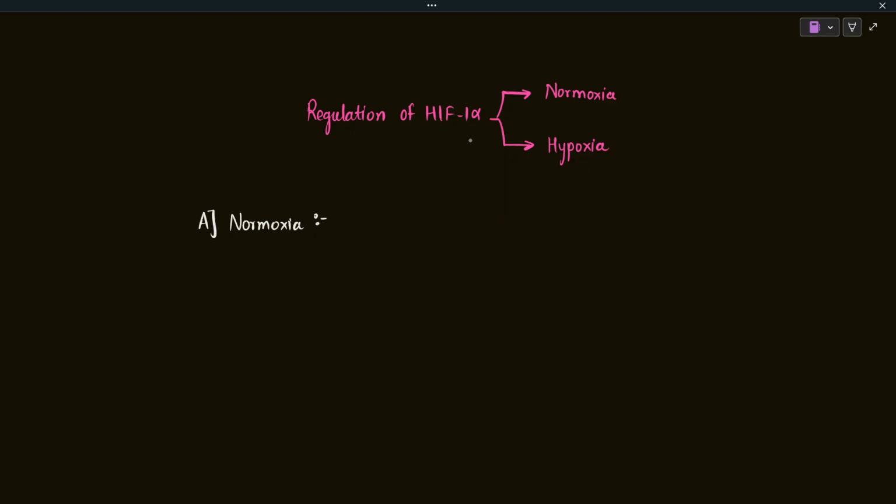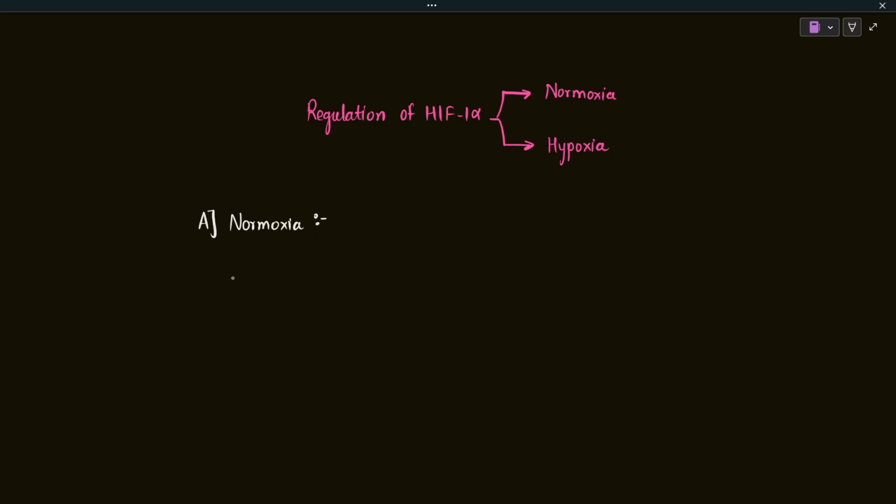So this is induced whenever there are hypoxic conditions, meaning the cells are thriving under low oxygen level. Whenever there is low oxygen, you need to make certain changes in the tissue so that the tissue survives. For example, you have to promote angiogenesis, which will ensure that the tissue gets enough oxygen to survive. So those genes which are important for a tissue to survive under the hypoxic condition will be activated by HIF-1 alpha.